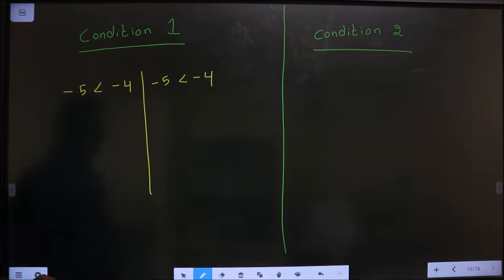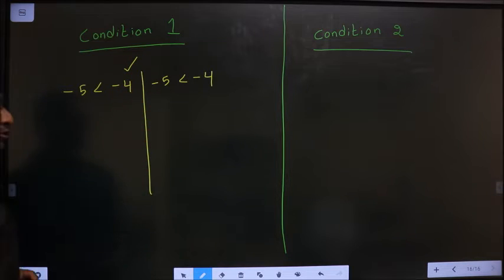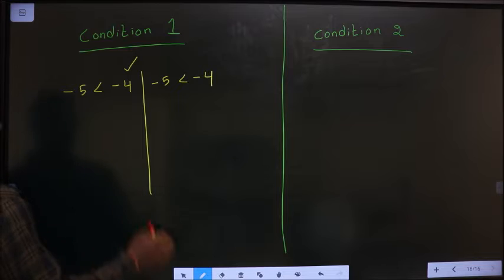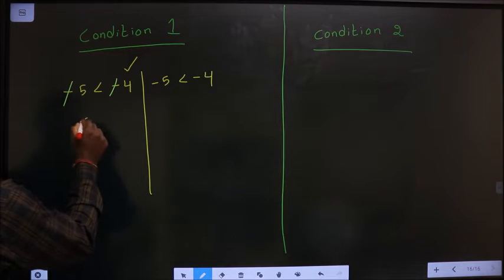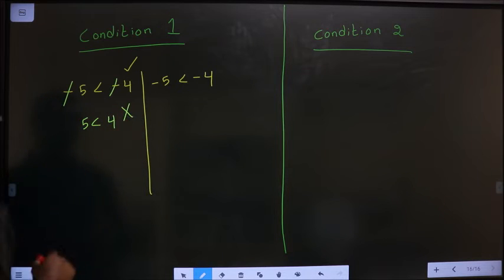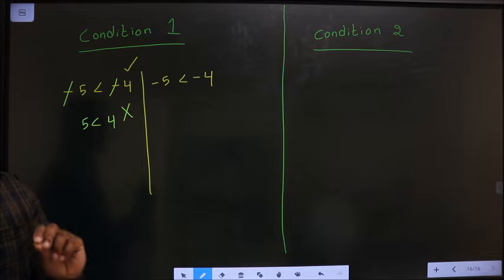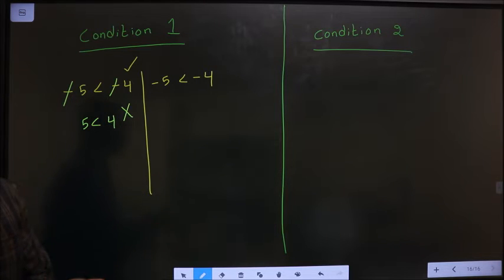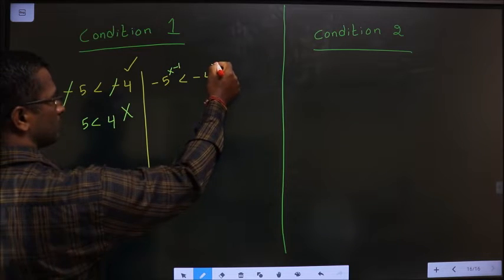Another example, minus 5 is less than minus 4, true. Now, if I cancel the negative signs, I get 5 less than 4, this will be wrong. So in inequality, do not cancel the negative sign. Instead, what you can do is multiply with minus 1.